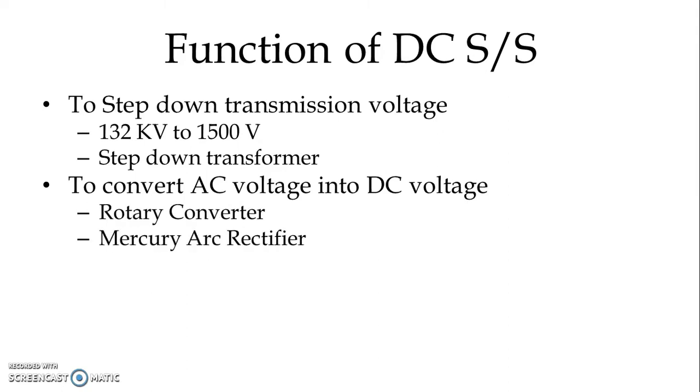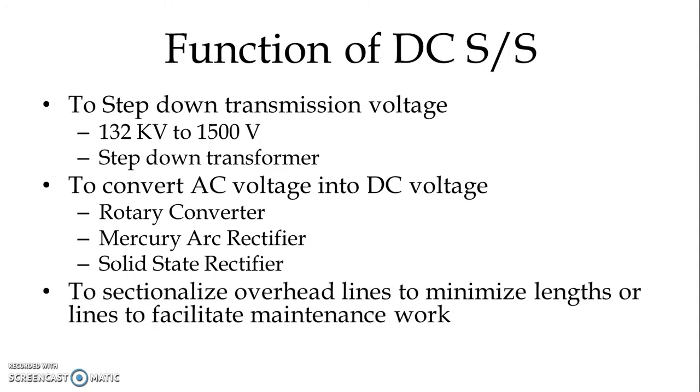Rotary converter, mercury arc rectifier, solid state rectifier are used for this purpose. Third, to sectionalize overhead lines to minimize the length of lines and to facilitate maintenance work. So these are the basic functions performed at a DC substation.